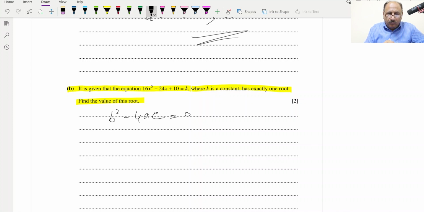And before that, we can rewrite this equation as 16x squared minus 24x plus 10 minus k is equal to 0. So 10 minus k will be the c value. The a value is 16, the b value is minus 24, and the c value is 10 minus k.